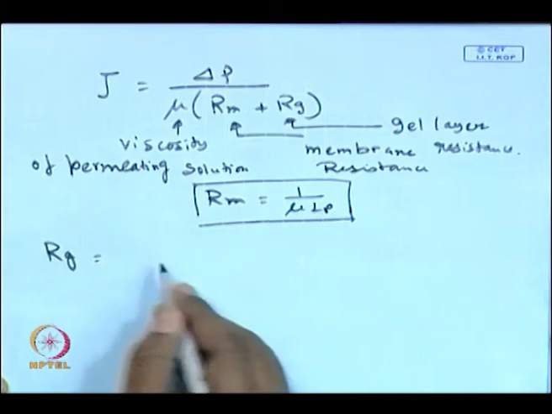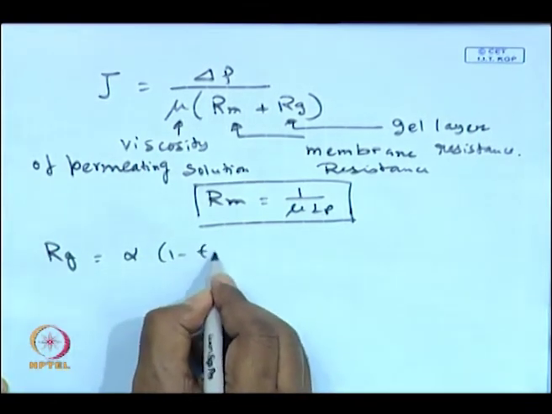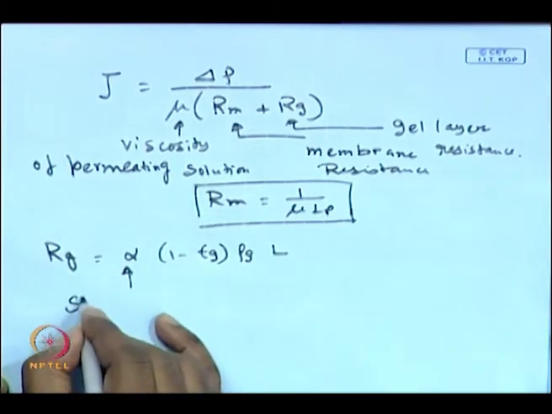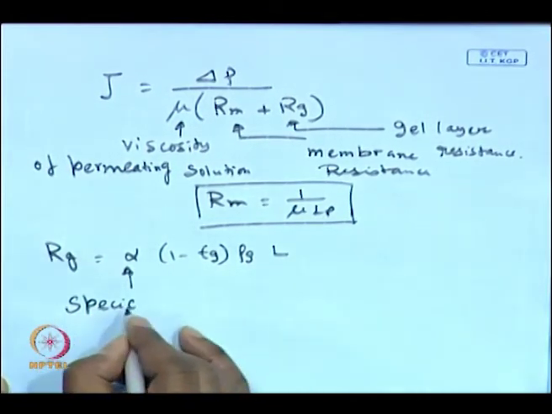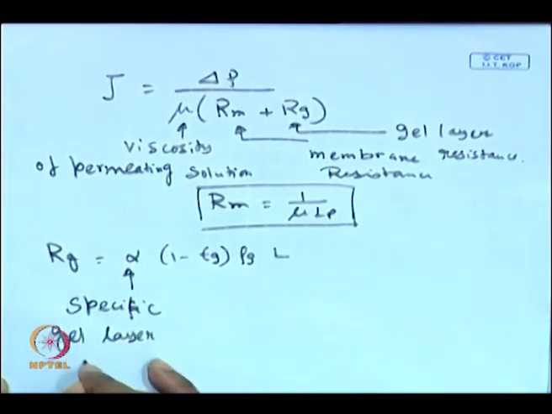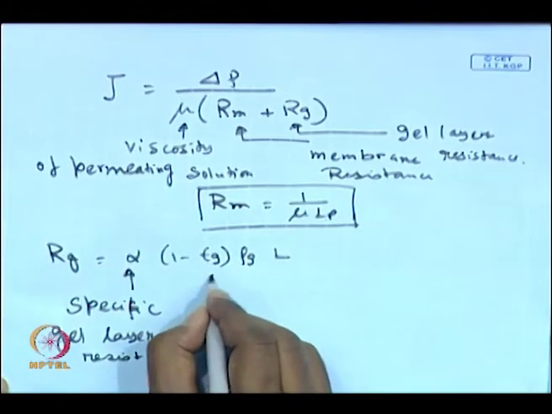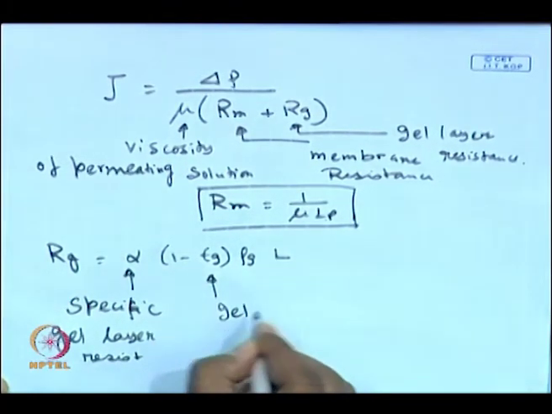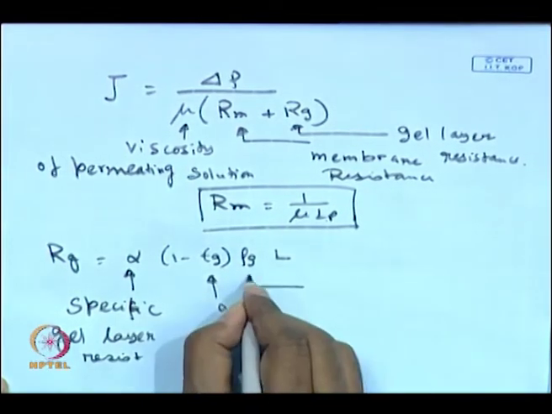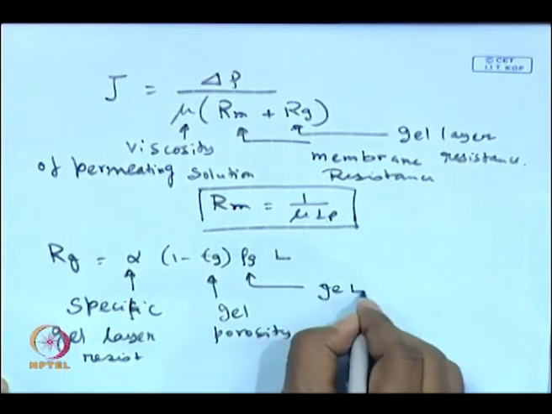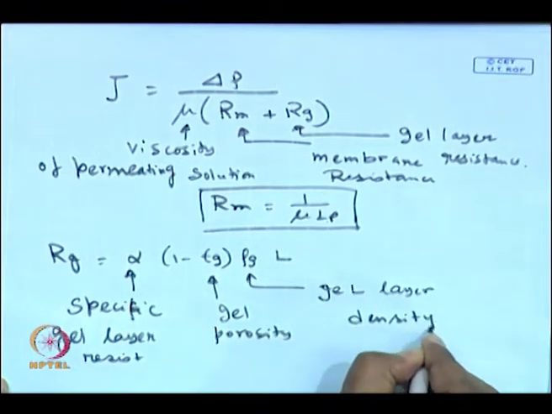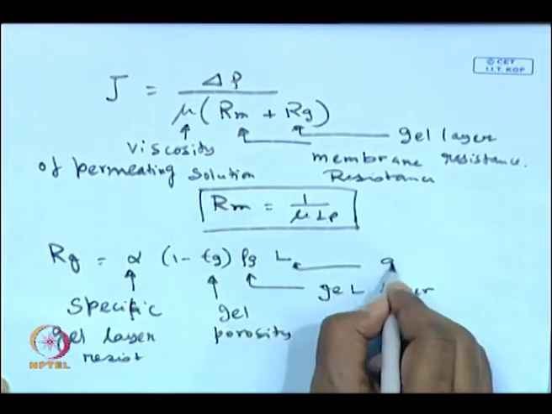If you remember the definition of R g, it is alpha into (1 minus epsilon g) rho g times L. Alpha is the specific gel layer resistance, epsilon g is the gel porosity, rho g is the gel layer density, and L is the gel layer thickness.